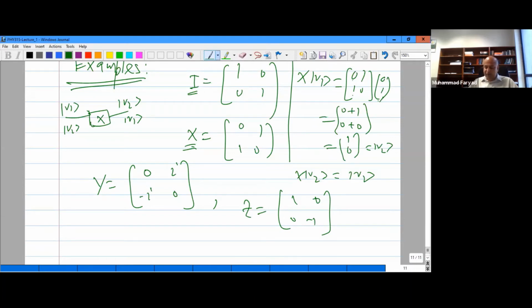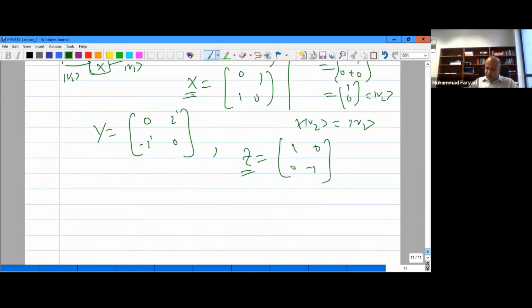They appear there, but for now they're just matrices. So these X, Y, Z are some operators right now, and we can actually show as well, if you want, that using I, X, Y, and Z, I can represent any other operator on this vector space as a combination of I, X, Y, and Z. They're essentially the basis for any general operator on the vectors in this two-dimensional vector space.